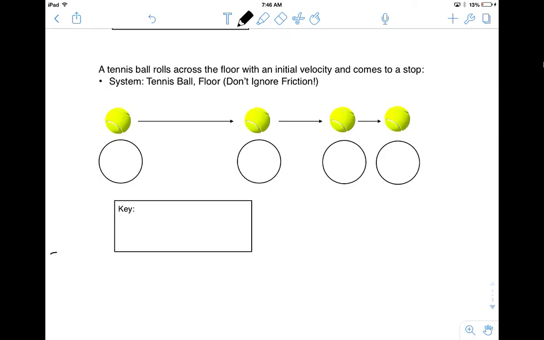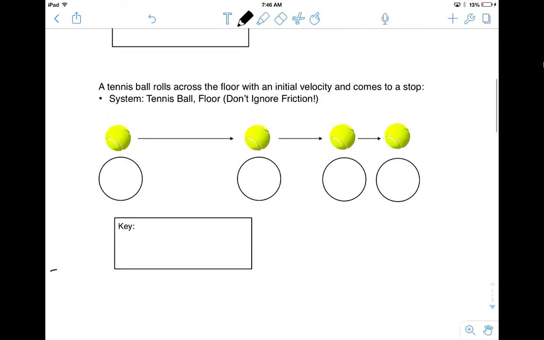Okay, a tennis ball rolls across the floor with an initial velocity and comes to a stop. So at this point, the tennis ball is already moving, and all it does is slow down. Hopefully we know that the reason that it slows down is because there's friction.